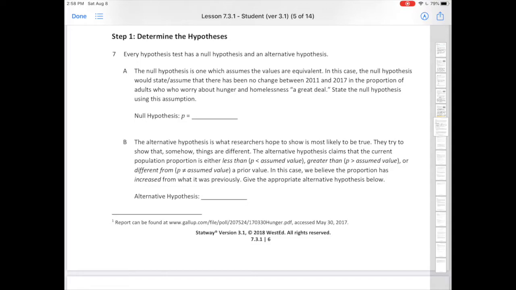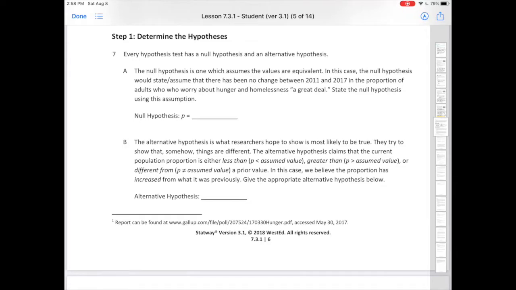The null hypothesis is one which assumes the values are equivalent. In this case, the null hypothesis would state or assume that there has been no change between 2011 and 2017 in the proportion of adults who worry about hunger and homelessness a great deal. State the null hypothesis using this assumption. So what would P equal?